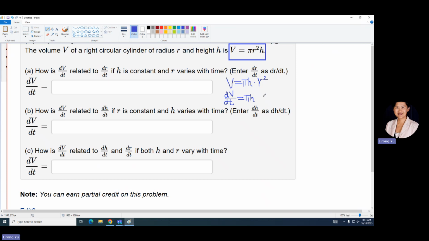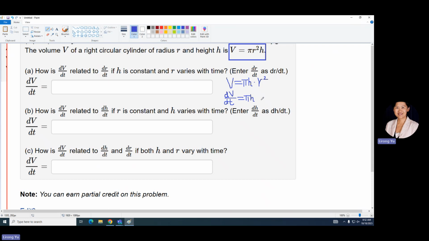We're trying to find the derivative of r squared. How do we differentiate r squared? What's the derivative of r squared? It's 2r and r prime.